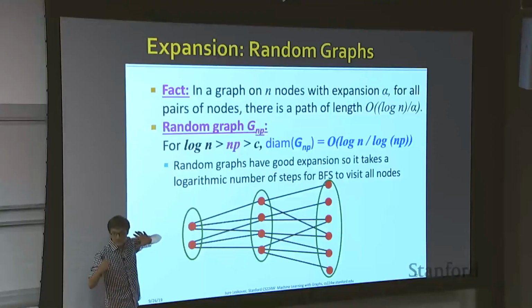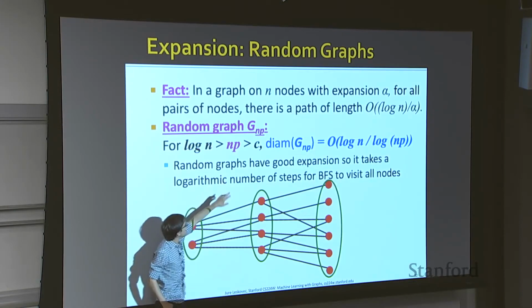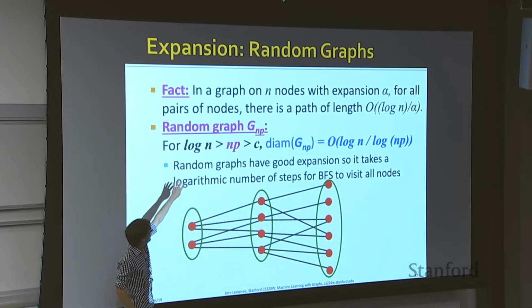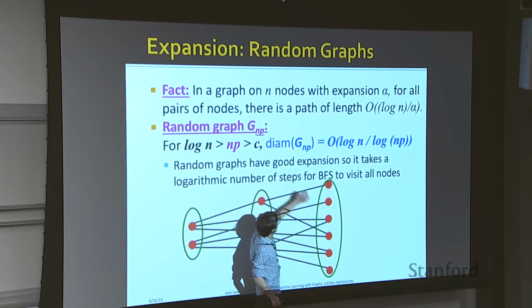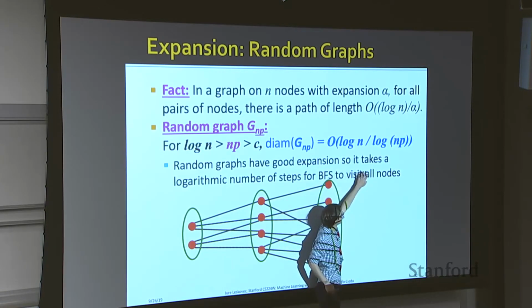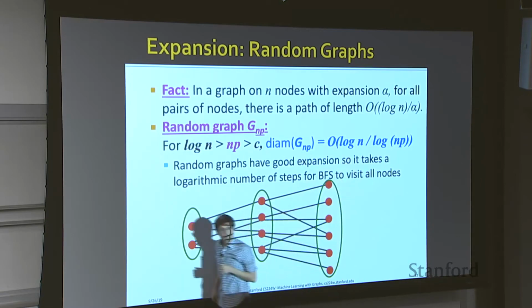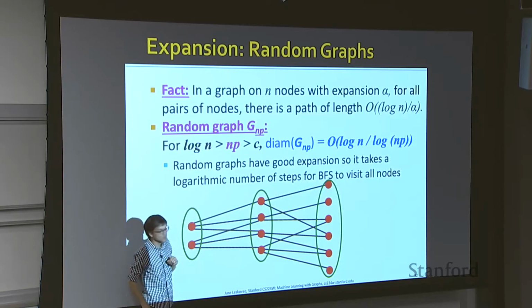So what is the precise expression for the random graph? When n times p is between log n and some constant c, where np is the average degree, then the diameter of the graph is of the order log n divided by log np. So you can just think of essentially log n as what matters. Now, why do I have this log n here and that constant?